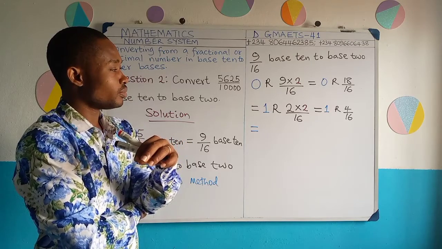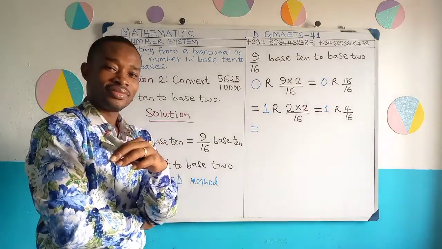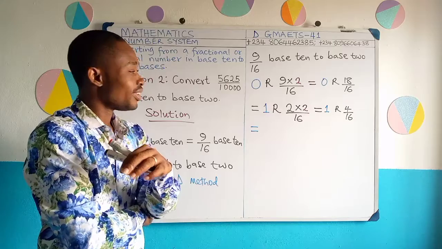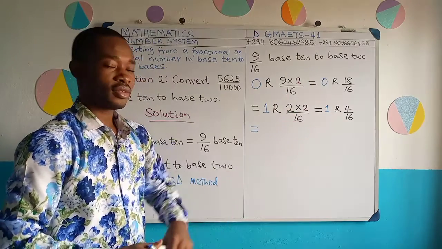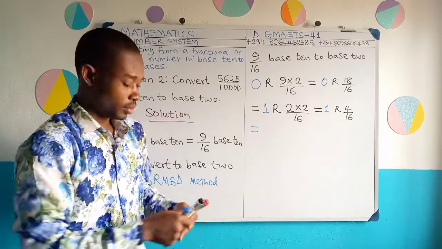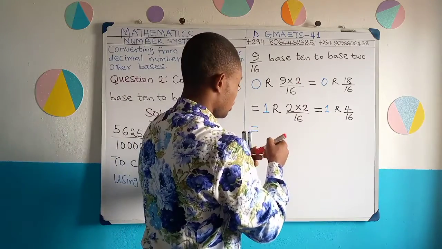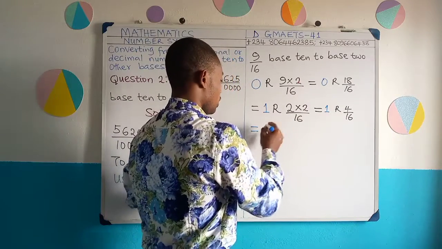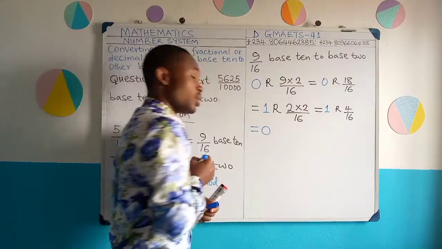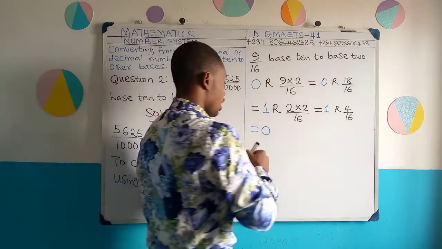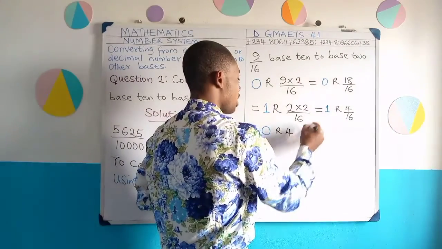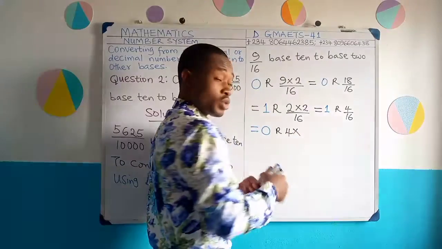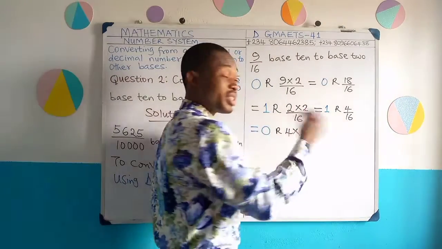Okay, we are moving on. Are you ready? Now, 4 over 16 is not possible. You are going to get 0, remainder 4. That remainder 4 will be multiplied by 2. So I'm going to be a bit fast now because we are repeating the same thing all through.